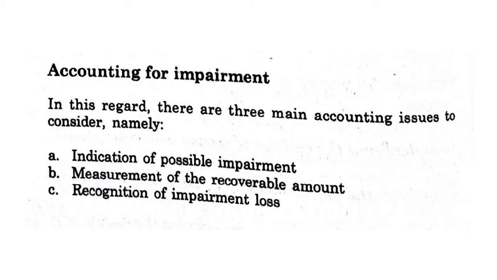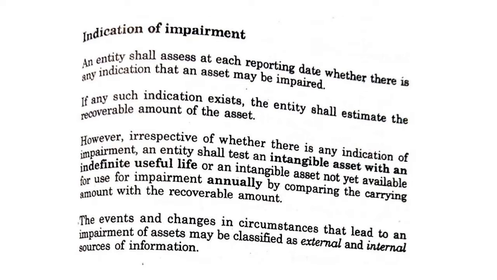Kailangan makompute kung magkano. And then saka natin i-recognize yung impairment loss. Indication of impairment loss, kailangang i-assess ng company kada reporting period kung yung asset ba ay impaired. So, titignan sa fair market, mababa or mataas? Is it too material to consider or too immaterial?